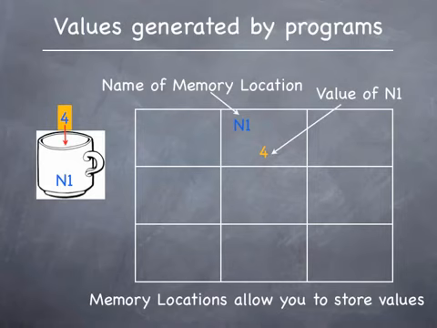These types of memory locations that can be referenced with user-defined names that would hold values generated by a program are called variables in a program. As a programmer, it would be necessary for you to create the variables in your program and write the statements to manipulate the values in the variables as needed.